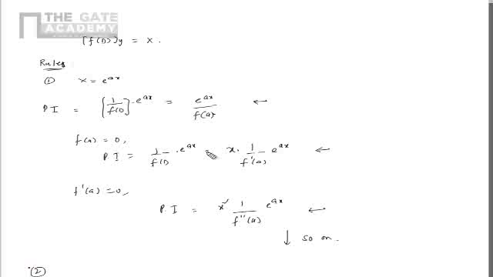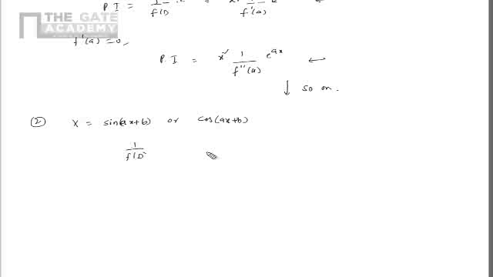Now let's see rule number 2, which is when capital X is of the form sin(ax+b) or cos(ax+b). In that case, try to bring f of D in terms of D square.